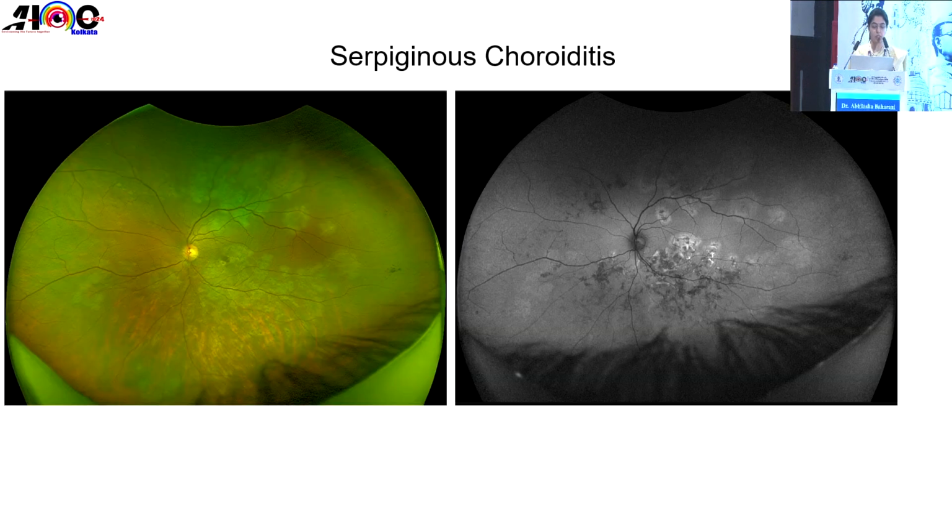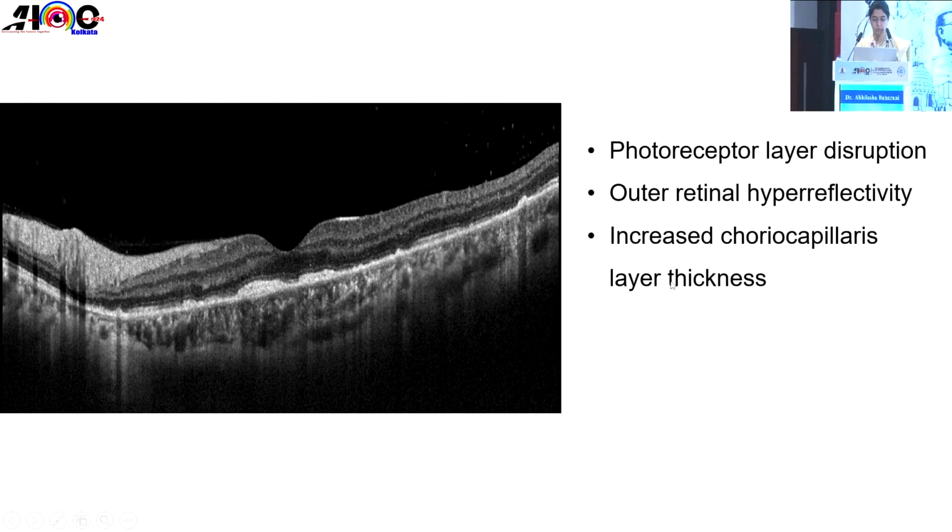Now, serpiginous choroiditis is an idiopathic condition. It is an idiopathic posterior uveitis where you see a typical serpiginous pattern, and there is a leading edge. On autofluorescence, the active lesions are hyper-autofluorescent, while the healed lesions are hypo.